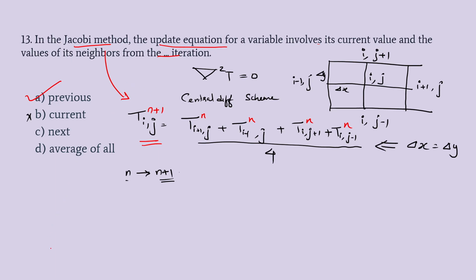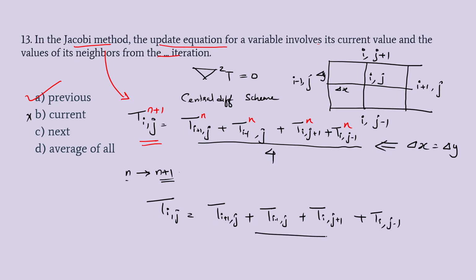So if you remember, T i comma j is equal to T i plus 1 comma j plus T i minus 1 comma j plus T i comma j plus 1 plus T i comma j minus 1, by 4.